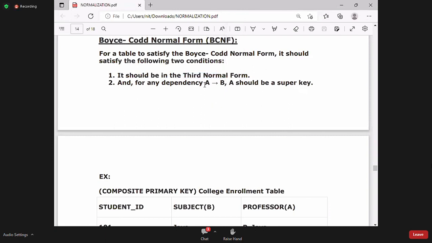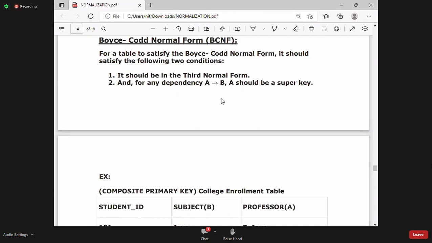And the next one: if A column depends on B column, then A column should be a super key. Otherwise, if B column depends on A column, then B column should be a super key. Any one should be there like this. Either A to B or B to A.